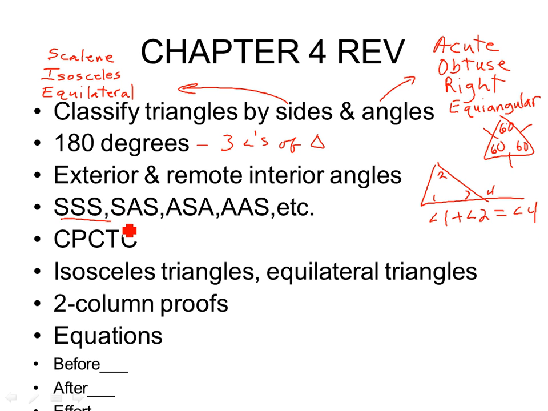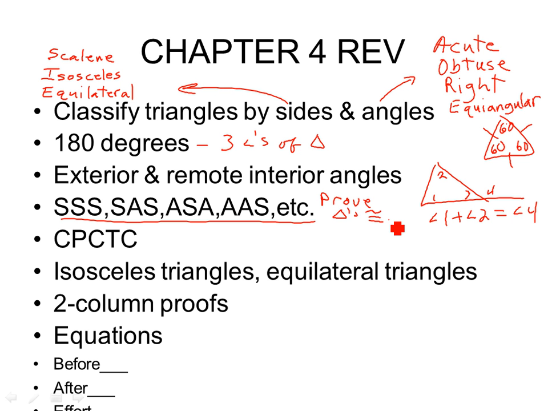Next one, what are these used for? Proving triangles. That's all they're used for, and that's the only way that you can prove two triangles are congruent. Now, why did I put the etc. on there?